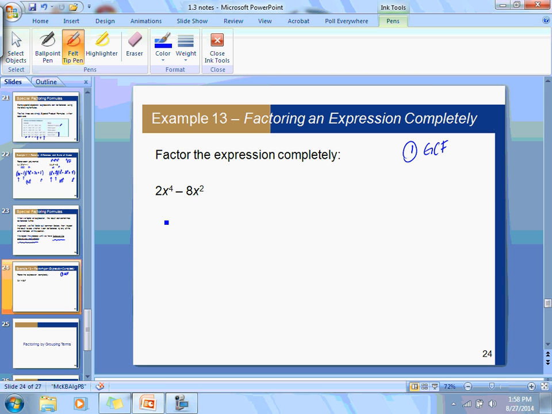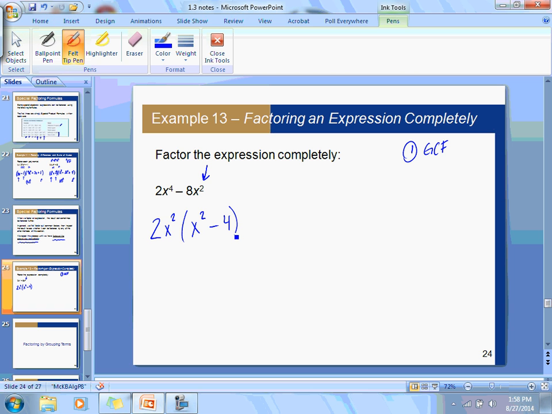So notice I have a 2 and an 8, so I can take a 2 out of both of those. And when we were looking for a GCF in the previous day's notes for variables, remember I said the clue is to take the smallest exponent. So I'm going to take out an x squared from each of them. So then that leaves me with x squared minus 4.